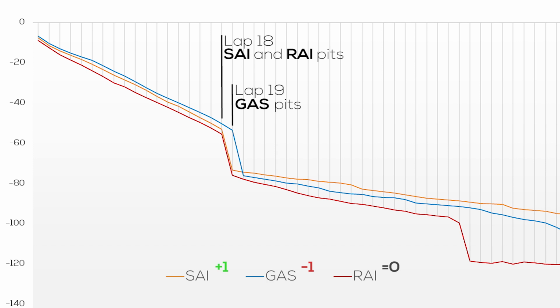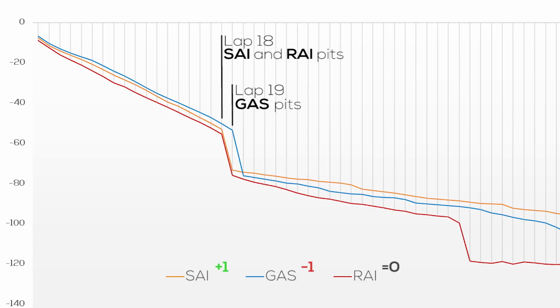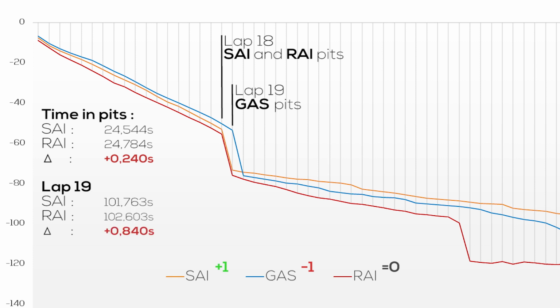You might say, yeah, but Sainz was just behind Gasly, so he managed to do the undercut, but Raikkonen was further back, so it didn't work. Yes, but also, if Raikkonen's pit stop and his outlap were as fast as Sainz's, he would have exactly been there when Gasly came out of the pits. He was a bit slower both in the pits by 0.2 and on his outlap by almost a second.